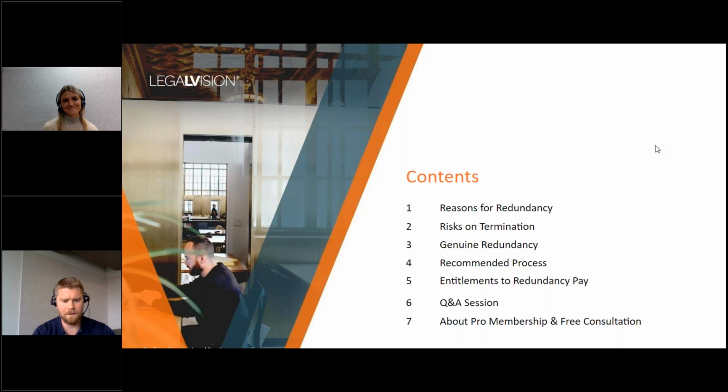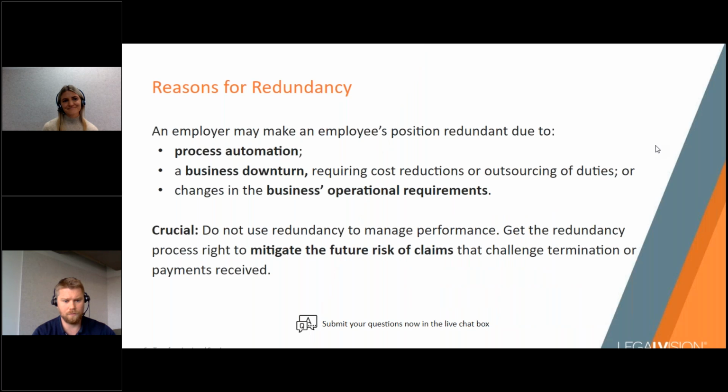So let's jump into it. In relation to reasons for redundancy, and this is really just talking about redundancies generally. A redundancy is when you are getting rid of a role, so when you no longer require a role to be performed by anyone. The reasons why an employer might make an employee's position redundant are things like automating a particular process. You might do that through a piece of technology, software.